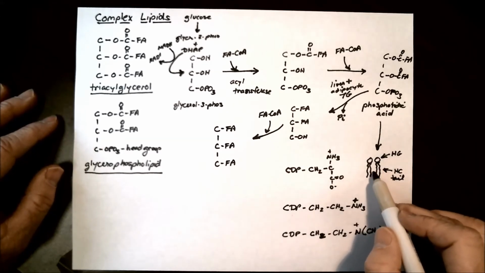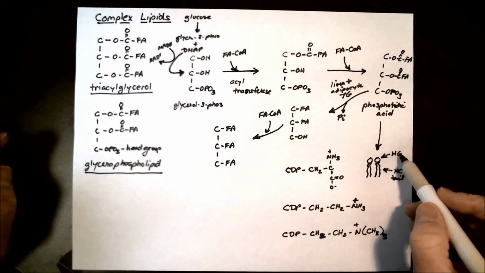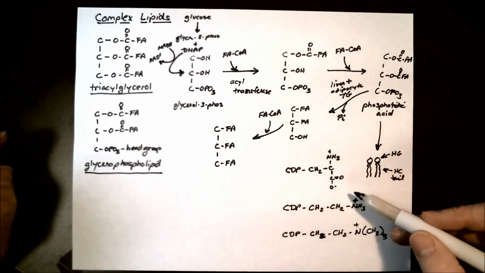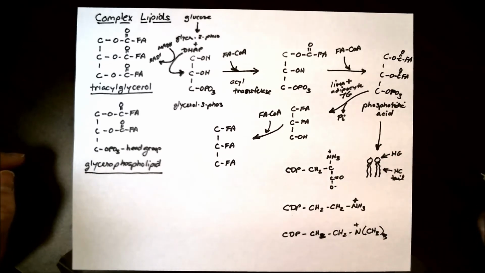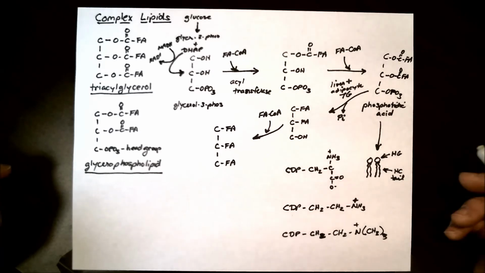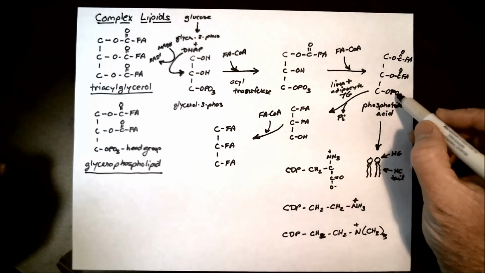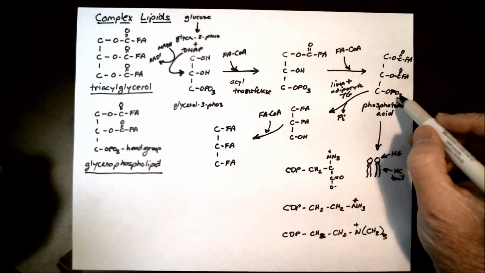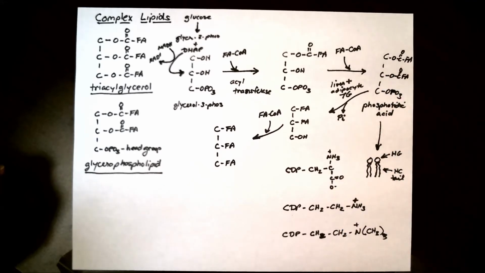This will be the hydrophobic bilayer domain of the membrane. The head group will be charged, will face either the outside or the inside of the cell, being soluble and bonding with the aqueous environment. So these head groups have to join on the phosphatidic acid onto this phosphate group. So the phosphate will be the link between the head group and the glycerol backbone.